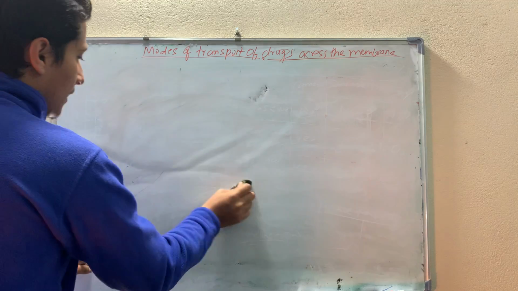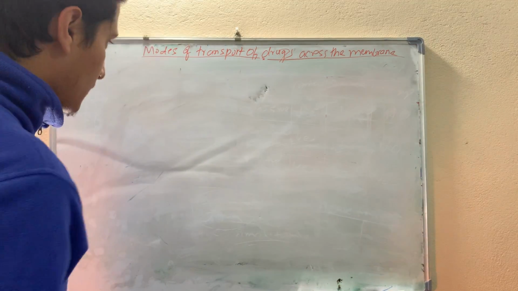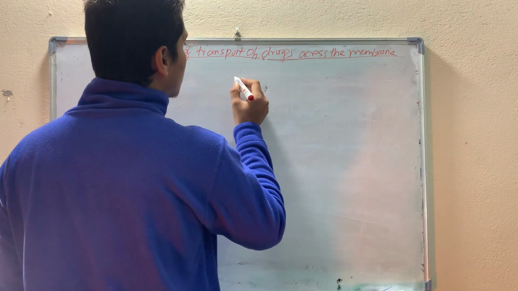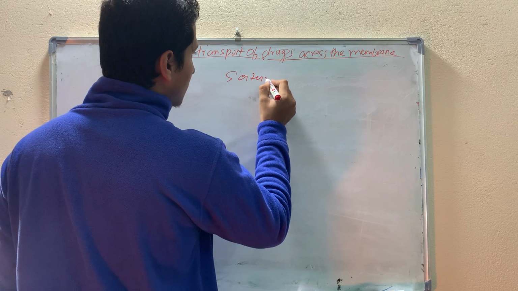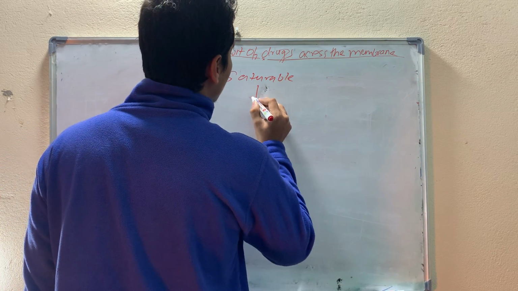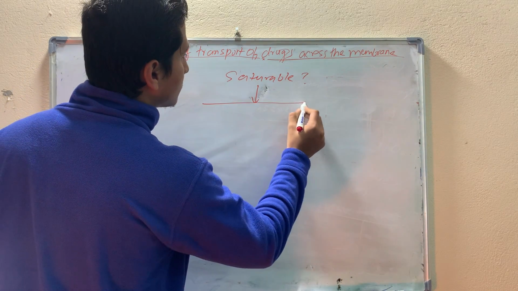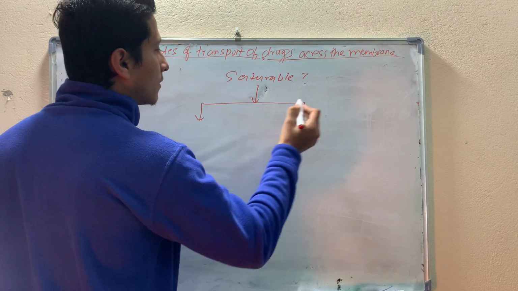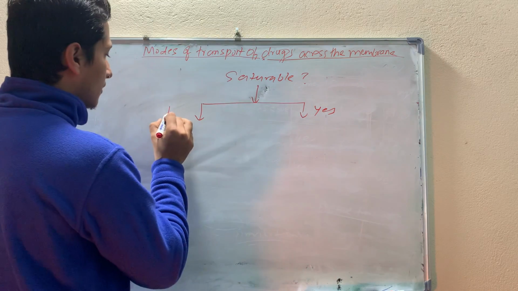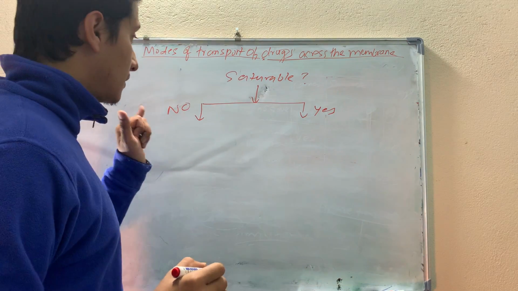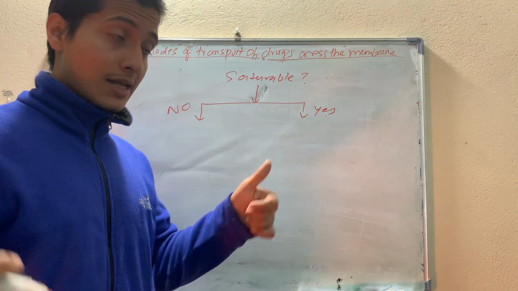Whenever they ask the mode of transport of a drug, first the question you have to ask yourself is, is it a saturable system? If the system is saturable, yes and no. First of all, let's talk about if the system is not saturable.